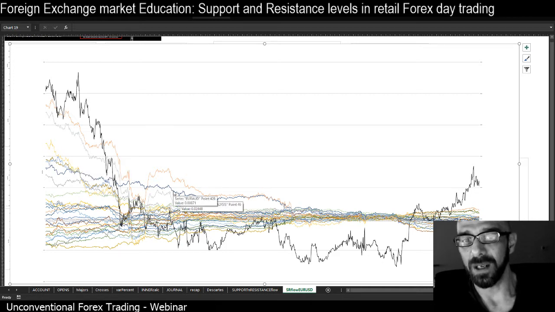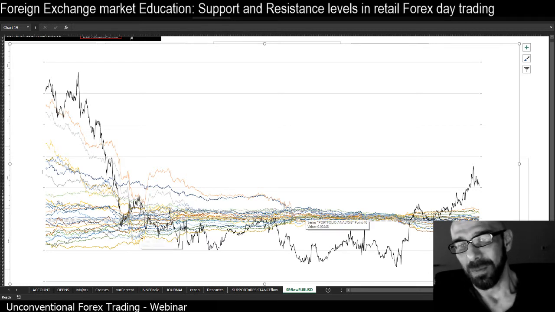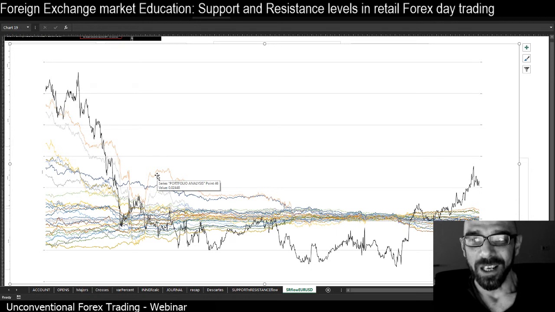And I can see here the euro Australian dollar. You may notice by yourself, without me speaking that much, how each and every currency pair creates support and resistance to the other currencies.